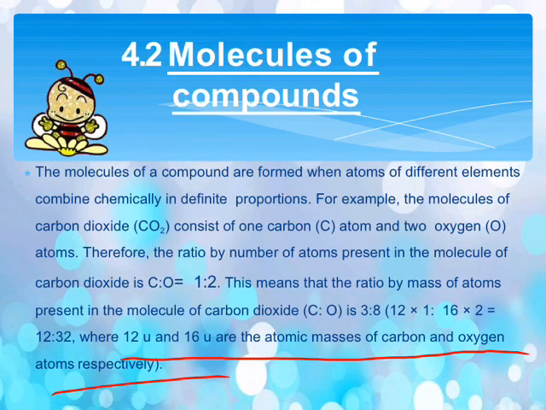We know that carbon has mass number 12 and oxygen has mass number 16. So 12:32, as oxygen is 2 times 16, that is 32. So 12:32 comes out to be 3:8.